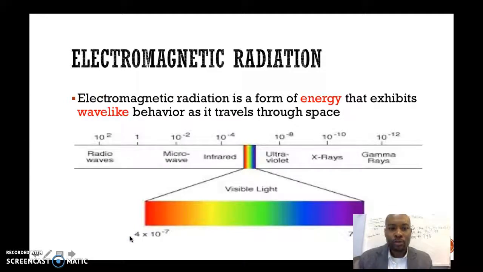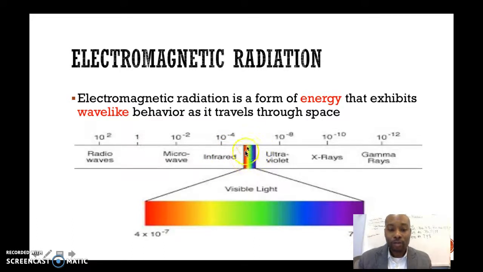Okay, so in terms of electromagnetic radiation, this is a form of energy that has wave-like behaviors. So there are different forms of electromagnetic radiation as indicated on this diagram here, from radio waves that transmit signals that people use in the radio industry, to microwaves, the same types of radiation found in your microwave oven, to infrared radiation given off by the sun.